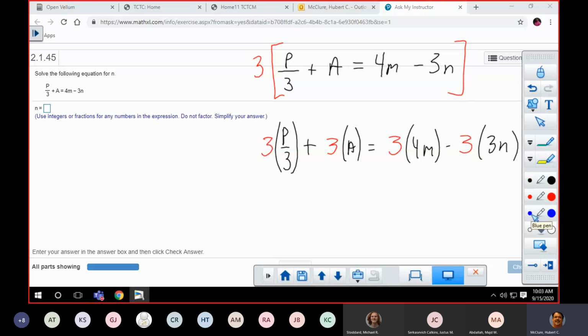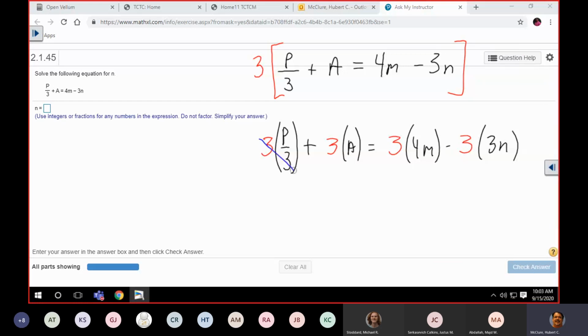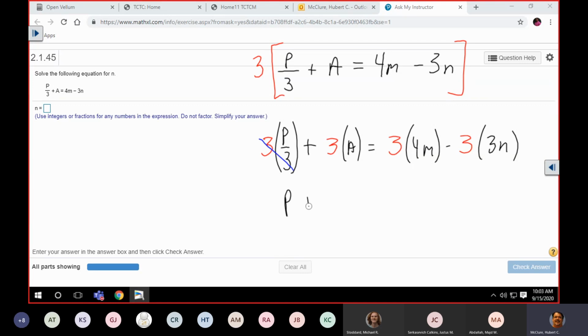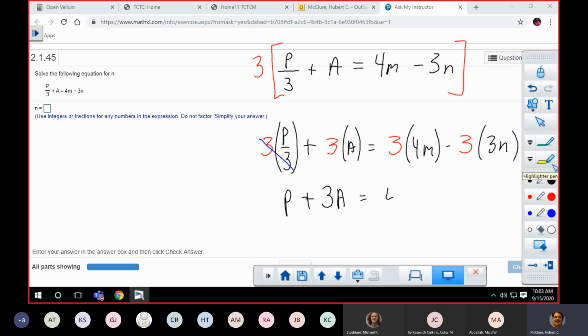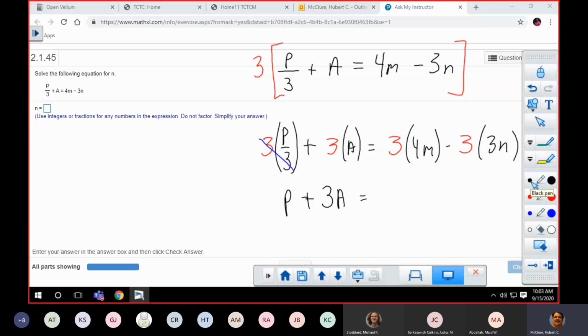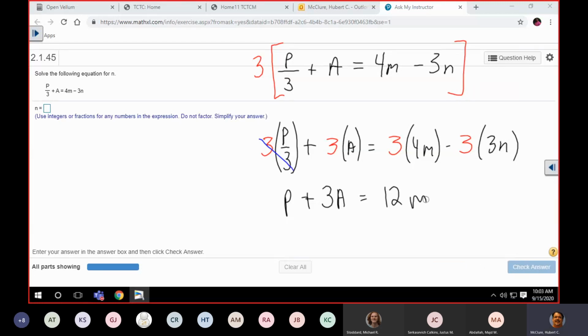So let's take our handy dandy blue marker and take out that 3, which is what we wanted to do to begin with. P plus 3A is equal to 12m minus 9n.